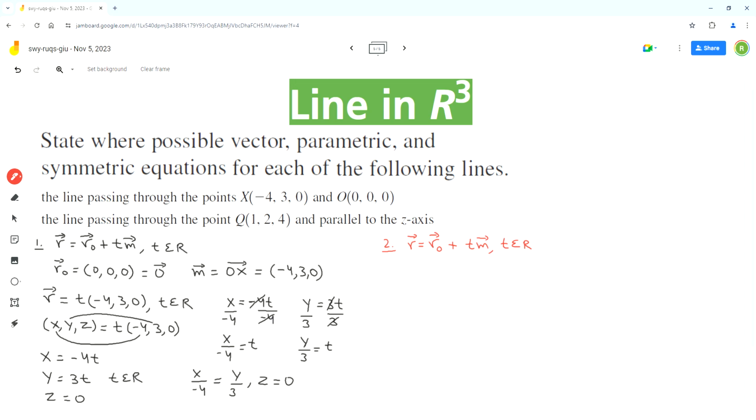For position vector r0, we can use the given point Q. This line is parallel to the z-axis, so the direction vector for this line can be 0, 0, 1. So this is a very important concept we need to understand and memorize. Now we can write the equation in vector form.